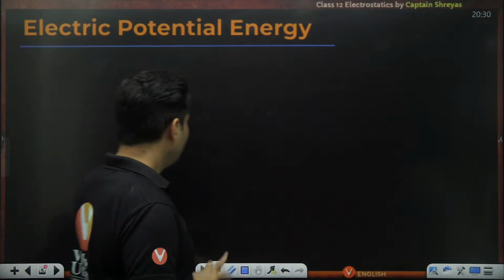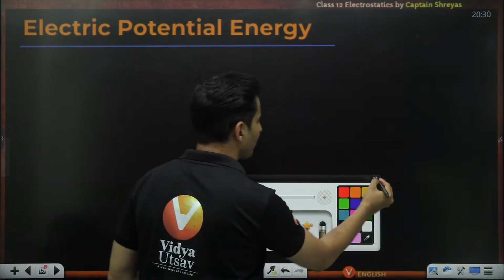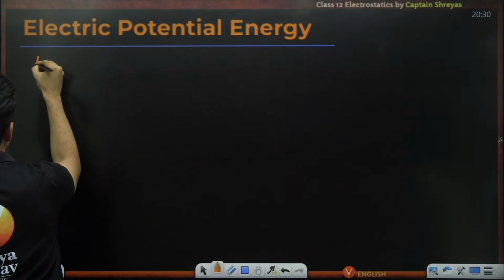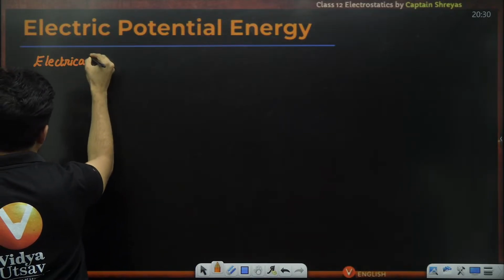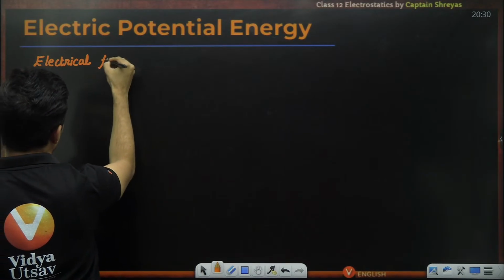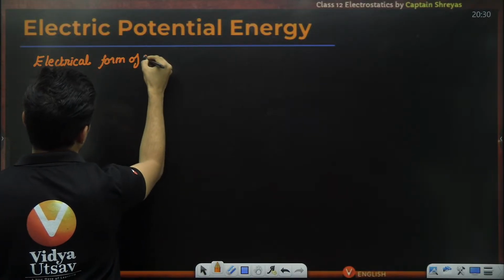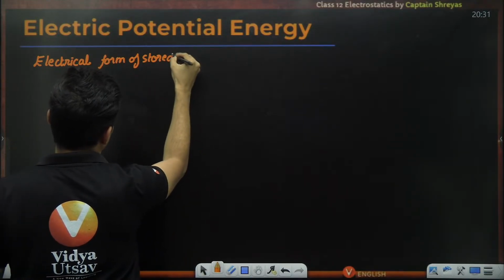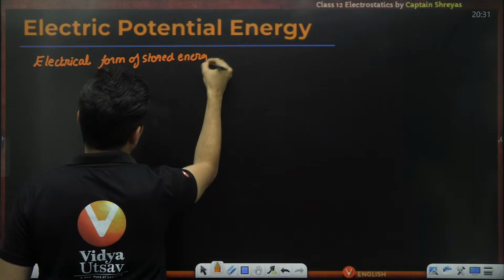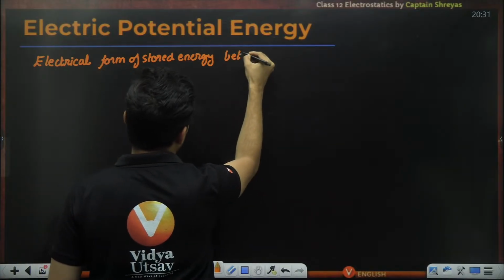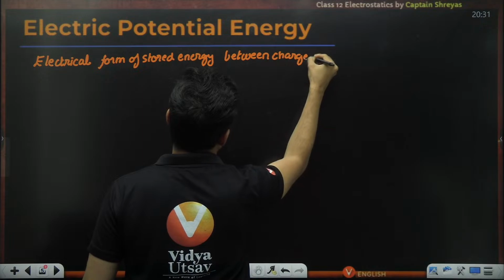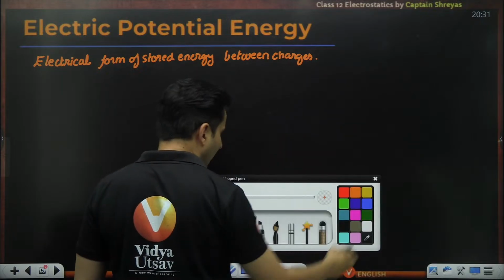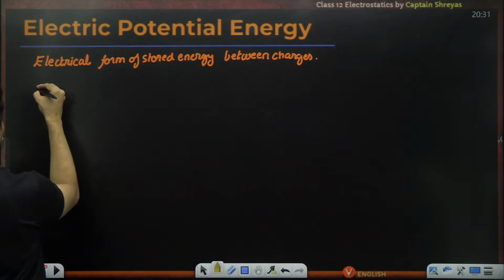So how do I define electrical potential energy? It is nothing but the electrical form of stored energy between charges, and the manner in which it has been defined is as follows.